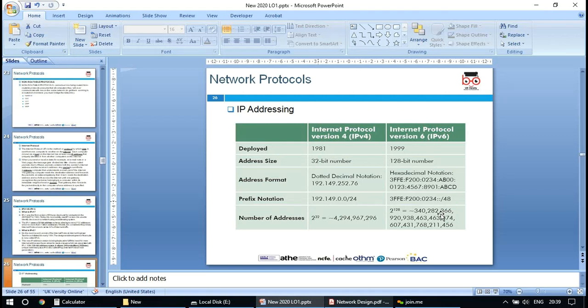Is it 4 binary digits? Not binary. Here it is written 192. The maximum number, I think it's 256.